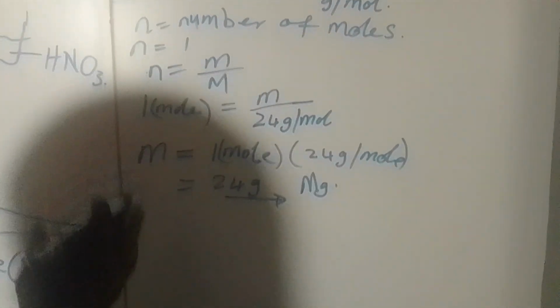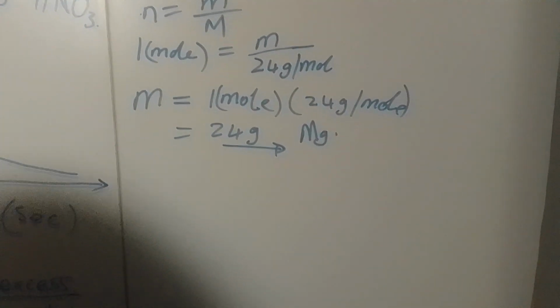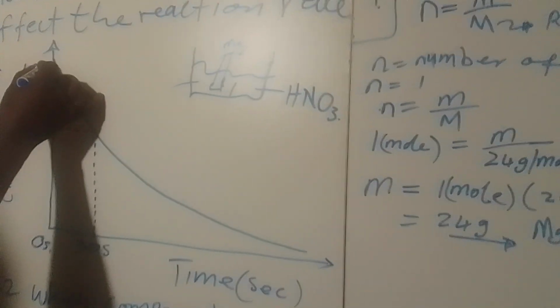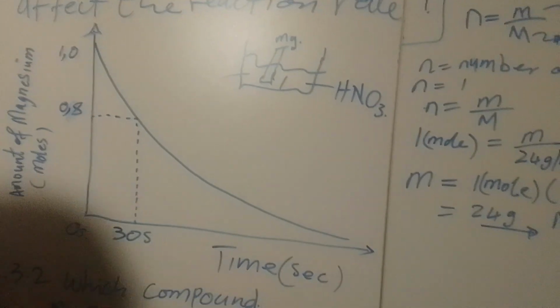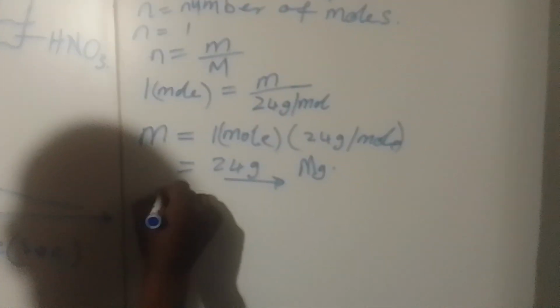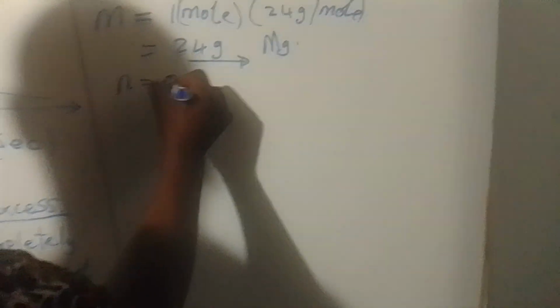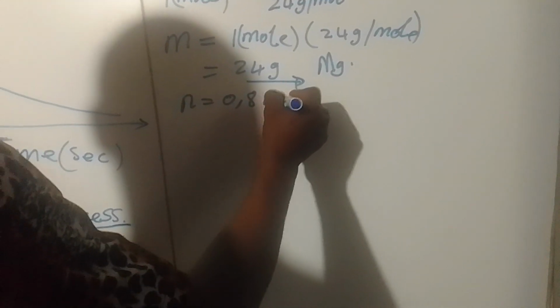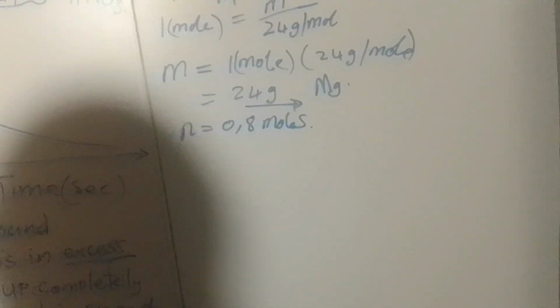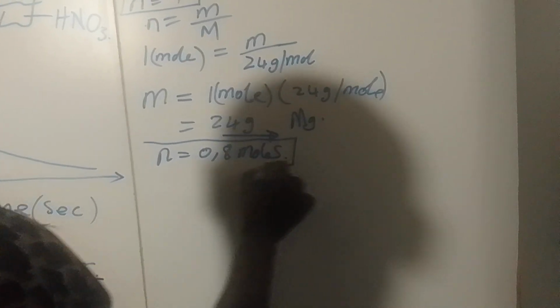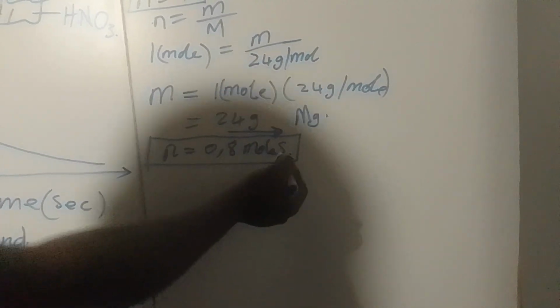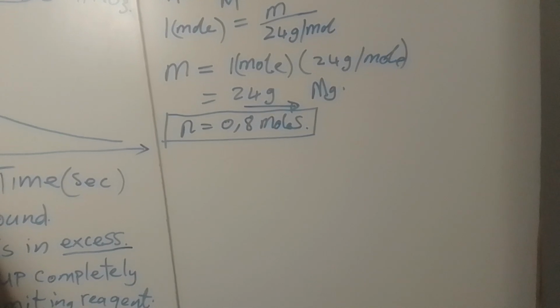We come back again. We were calculating it from here. Now we calculate from here. We say that n is equal to 0.8 moles. We have calculated that n is 1 mole. Now we need to calculate at n is 0.8 moles. We calculated the grams here.